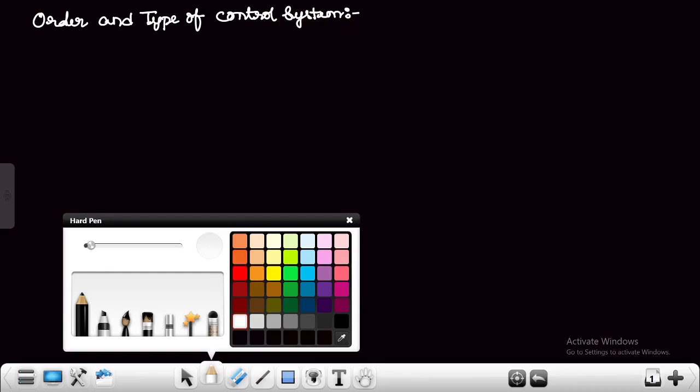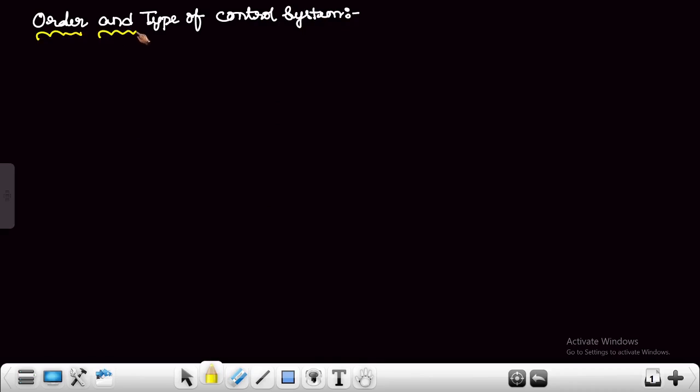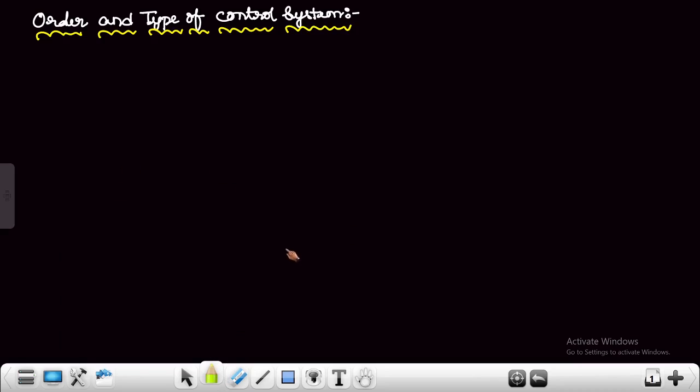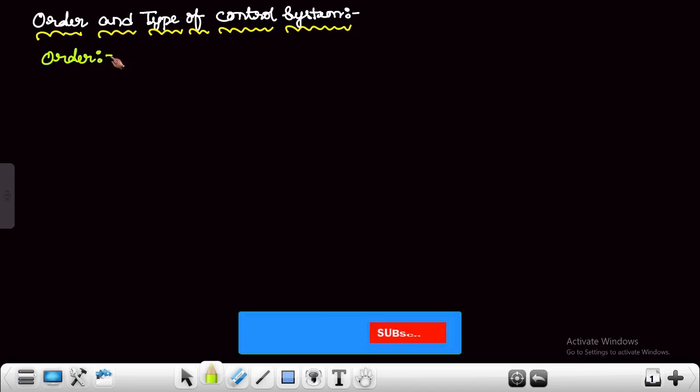If you observe this topic, we have already seen in mathematics the meaning of the order and the type of differential equations. The same we are going to study here: how to identify the order and the type of the system. Let us first consider the meaning of order of the control system.